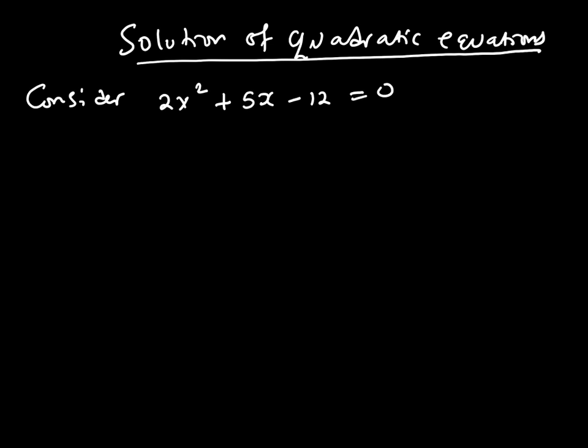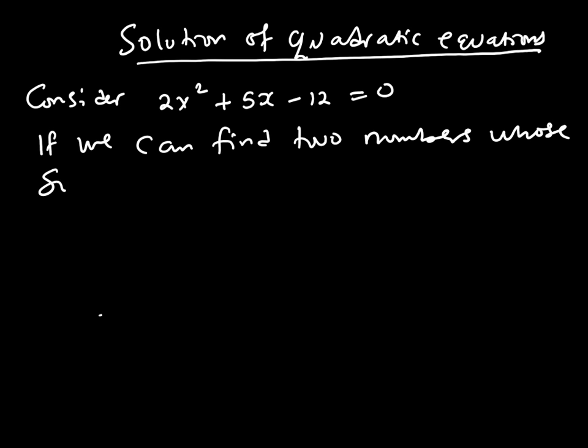So if you want to solve this equation by factorization, we must be able to find two numbers whose sum is 5 and the product is negative 24.